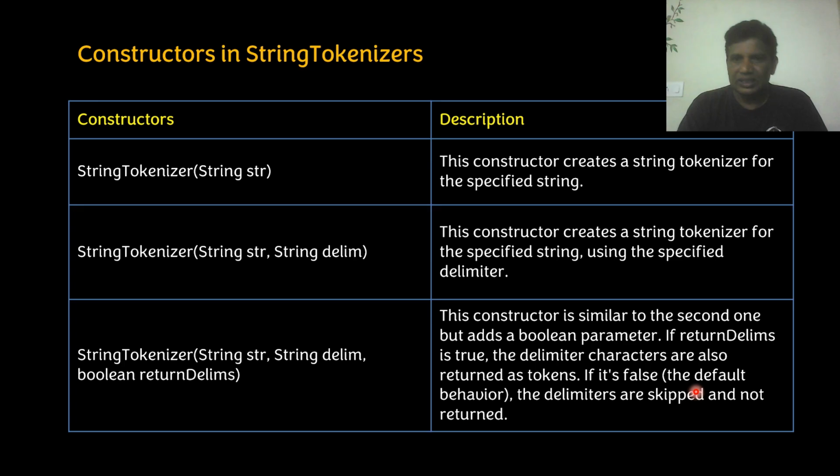If it is false, which is the default behavior, the delimiter is skipped and not returned, and only tokens will be displayed. If you want to display the delimiter as a token, set it to true. This is the third constructor of the StringTokenizer class.